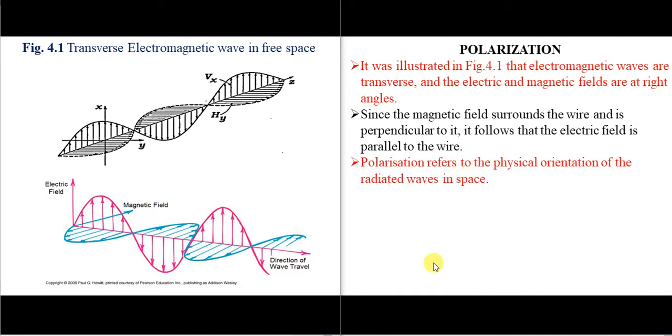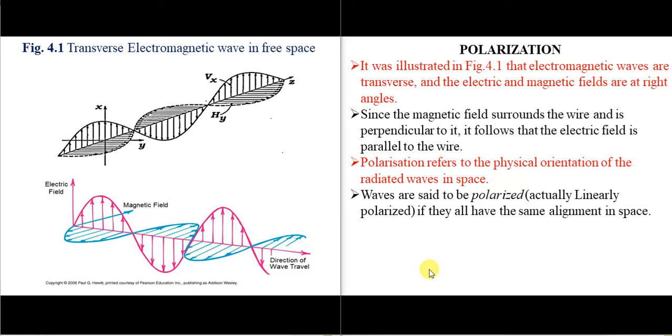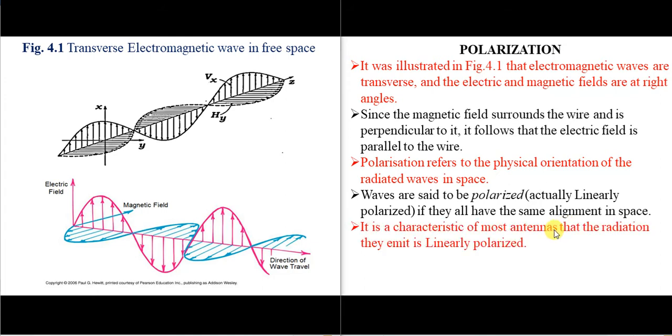Hence, polarization refers to the physical orientation of the radiated waves in space. So, what is polarization? It represents the physical orientation of the radio waves in space. Waves are said to be linearly polarized if they all have the same alignment in space.